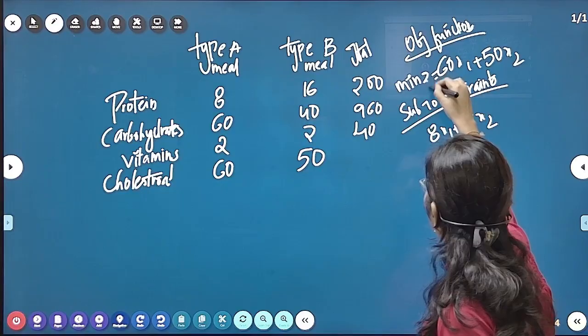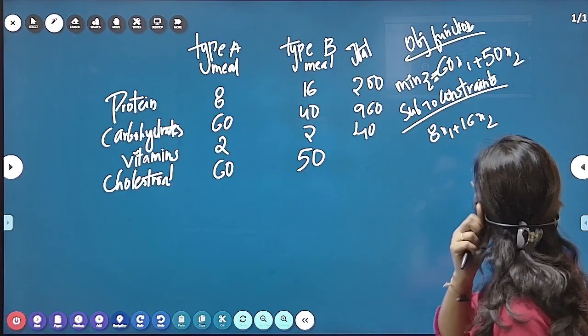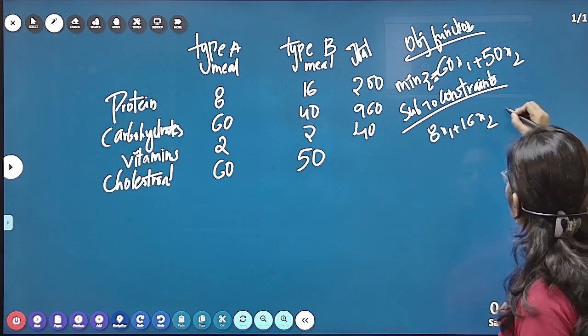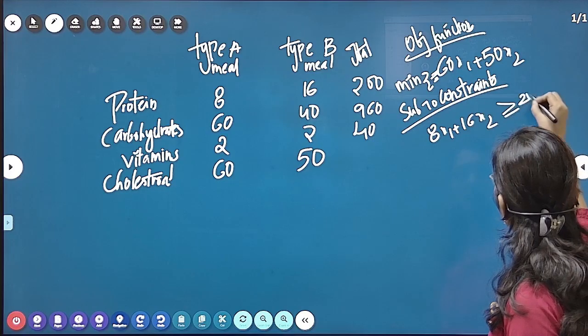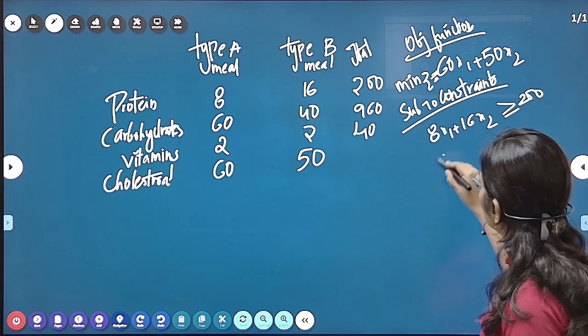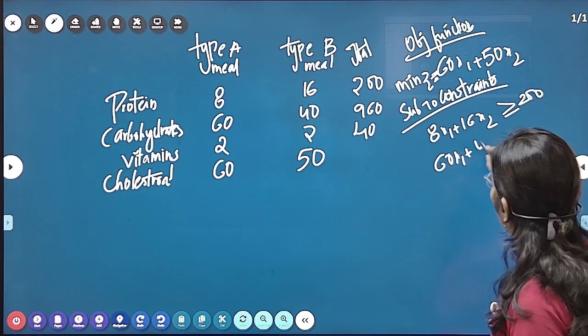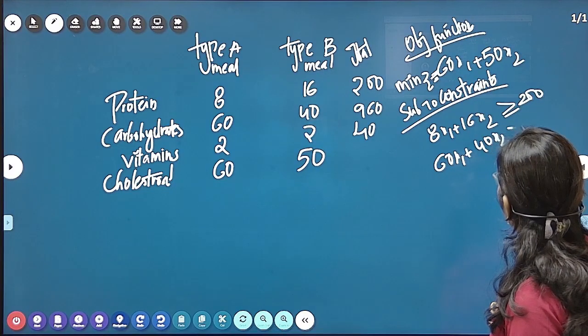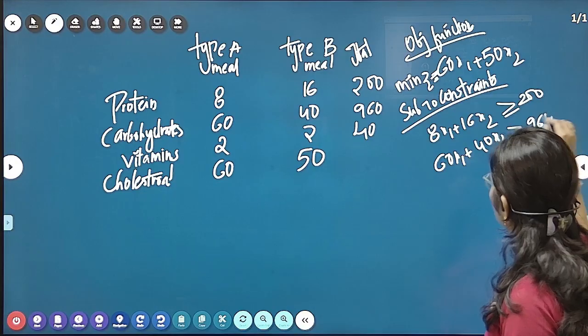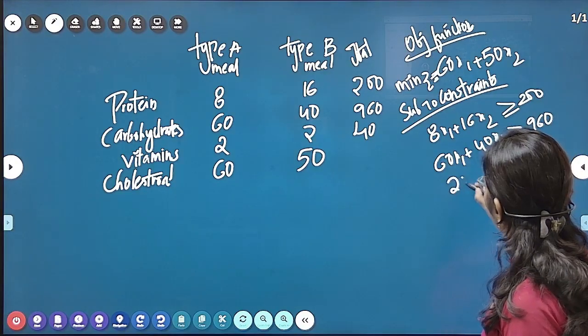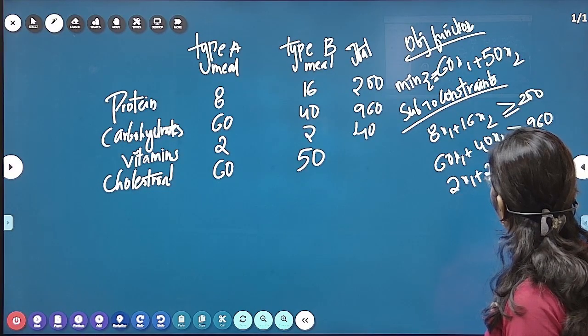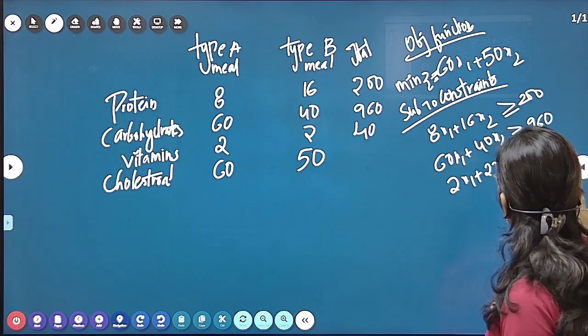So it is minimization of z is equal to this, and it is greater than or equal to 200. And next, x1 plus 40x2 should be greater than or equal to 960, and 2x1 plus 2x2 should be more than or equal to 40.